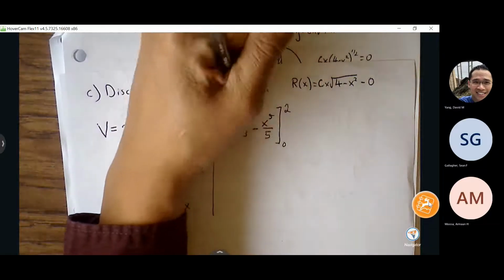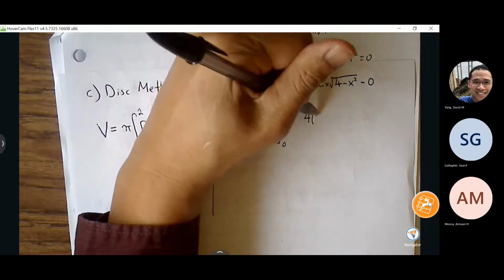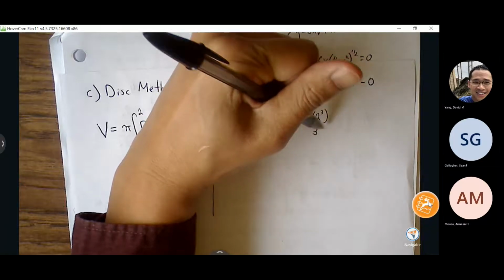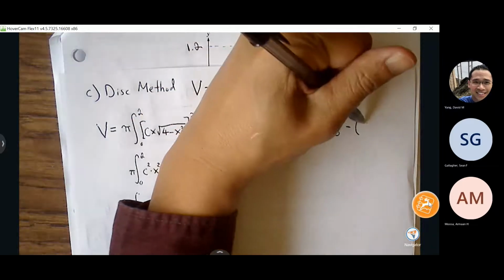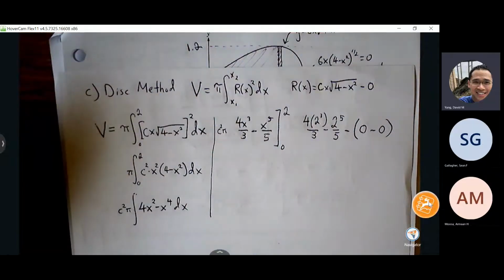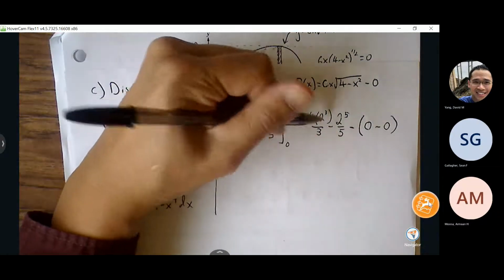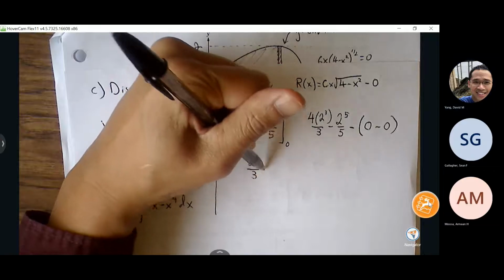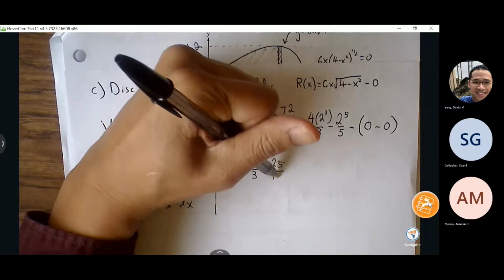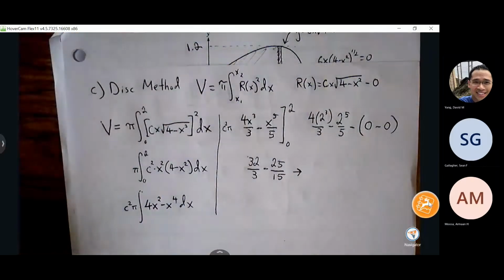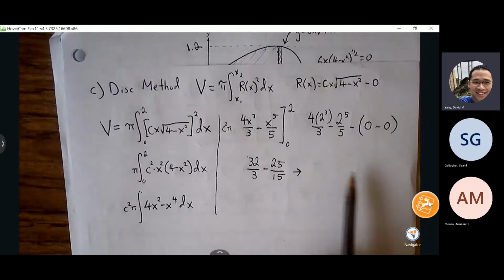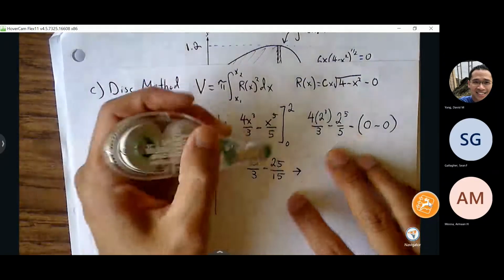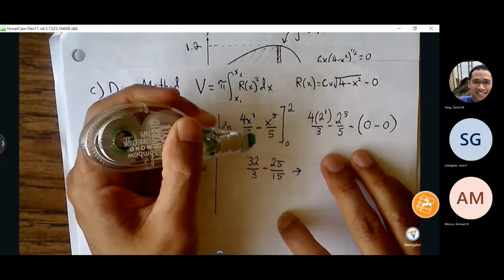Work all this out here. 2 in for x, minus lower bound, all 0 out. 8 times 4 is 32. No, sorry, 15. 20. 32.